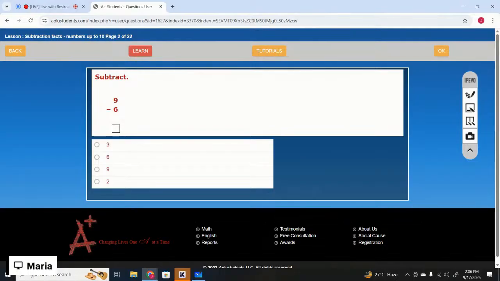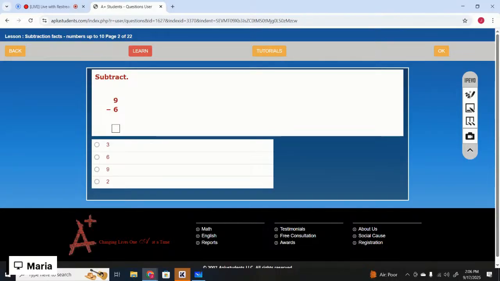9, take away 6. So start with the smaller number and count up to the greater one.